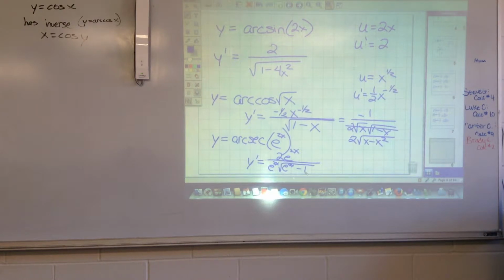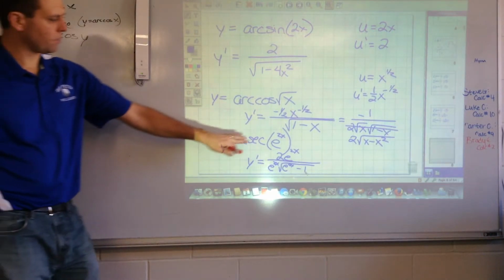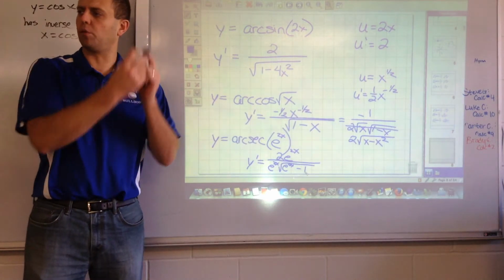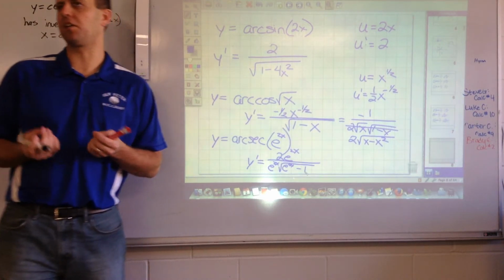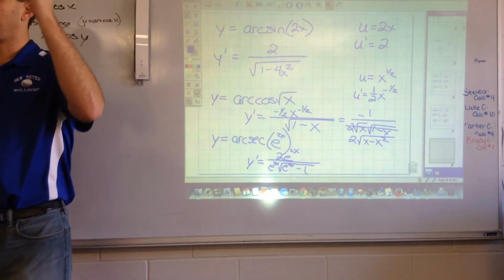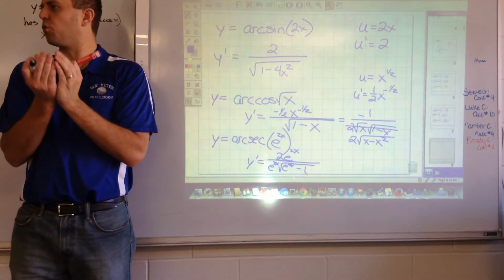If you square it, why is it just 4x? Sure. When you raise something that already has a power to another power, you just multiply those powers together. Say you had x to the 5th and you raise that to the 4th. 5 times 4 would give me 20 in that instance.